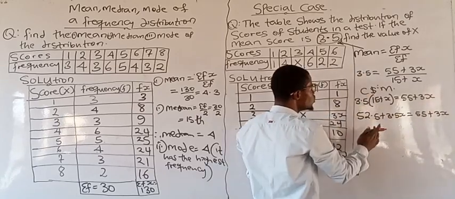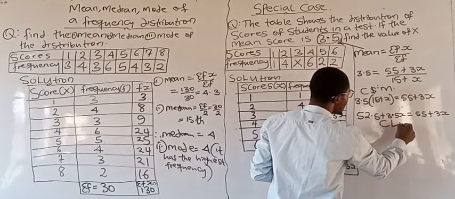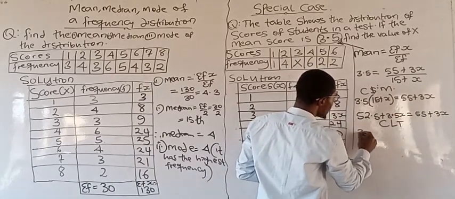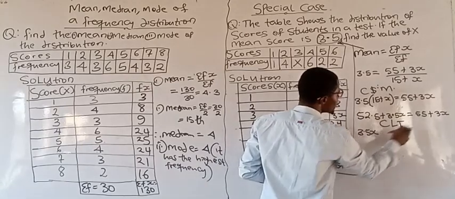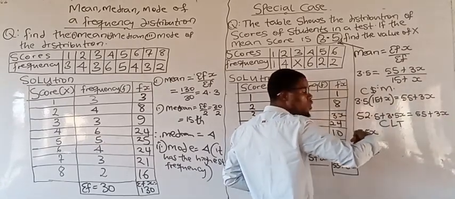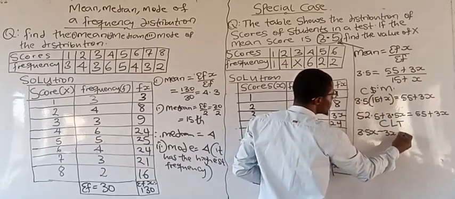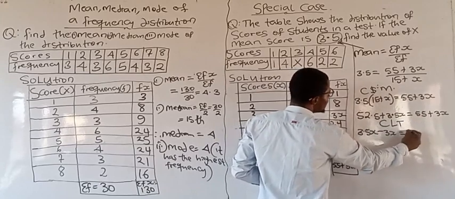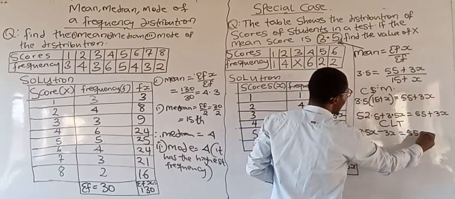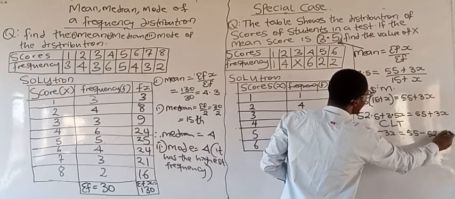So what I have to do here now is to collect like terms. This will give me 3.5x. So don't forget that this is positive 3x. Once it comes to an equality sign, what will it become? Negative. Don't forget that. Minus 3x is equals to, so I have 55 minus 52.5.